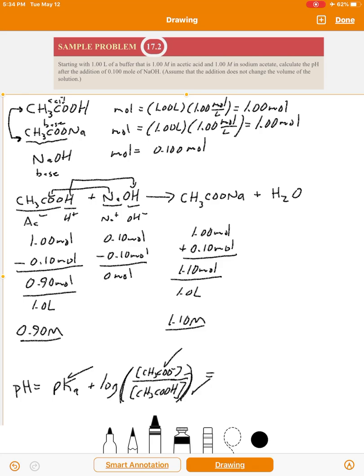The pKa of acetic acid, we could either look that up or calculate it. The negative log of the Ka is 4.74, plus the log of the ratio of the concentration of the acetate, 1.10 molar, divided by the concentration of the acetic acid, 0.90 molar.